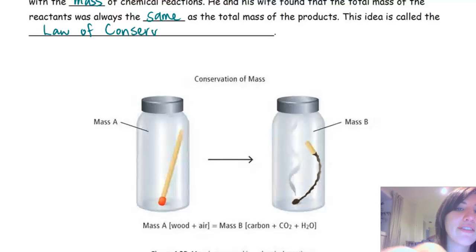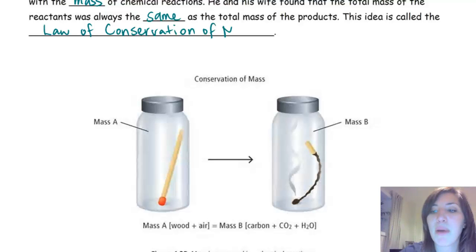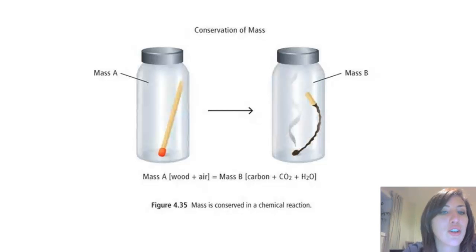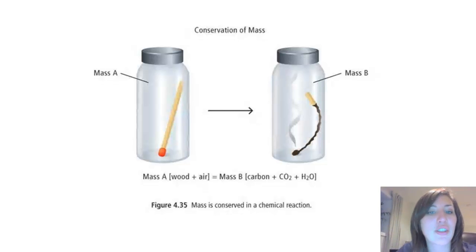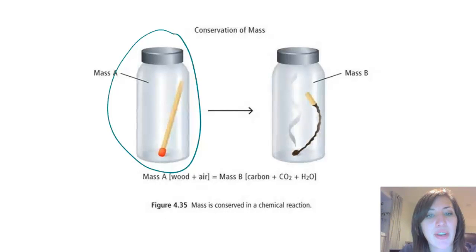So here we have a little diagram that tells us about one of the experiments he did. So here is a closed system. This jar is closed, so nothing is changing about it. And the mass of this jar is, well, the jar, but in both cases, so it cancels out. So it's all of the air inside of this jar, as well as the wood of this match.